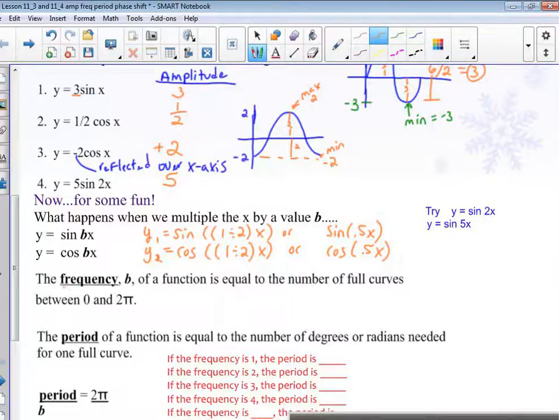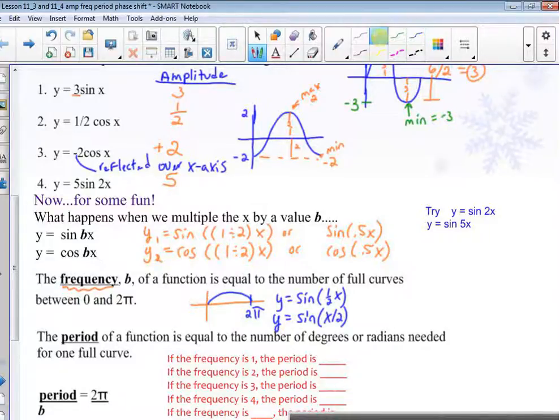So the frequency b of a function is equal to the number of full curves between 0 and 2 pi. So if you're drawing a sine curve, and here's 2 pi, and you see that's half a sine curve, that would be y equals sine 1/2 x. Or you could also write it as y equals sine x over 2.